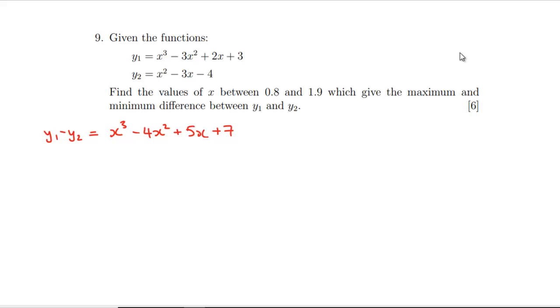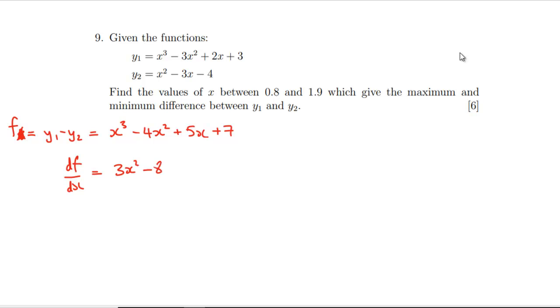Right, so let's call that D for difference. Actually, let's not call it D because we're going to be doing a D something. So let's call it F for difference. So df dx is what we want to look at here.